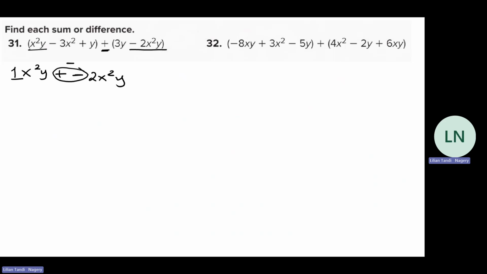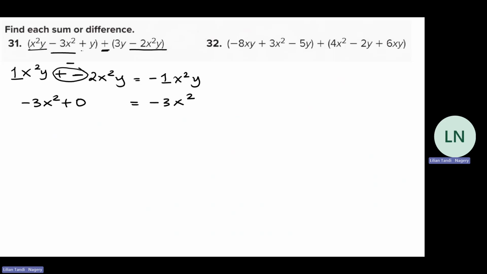So what is 1 minus 2? Negative 1, and then I just write my variables. Okay, then I check here. She doesn't have a friend. So this is negative 3x squared plus 0, negative 3x squared.